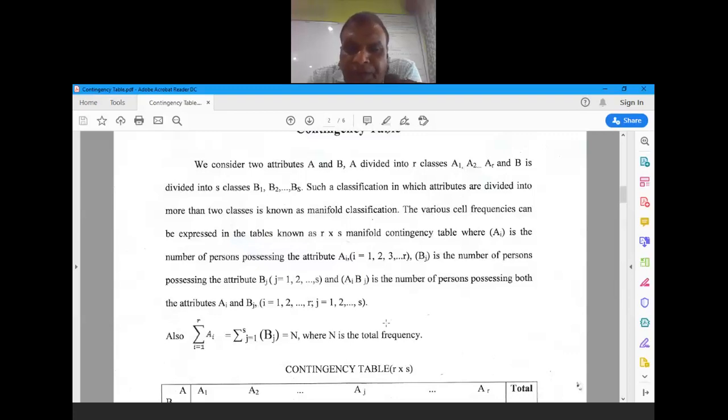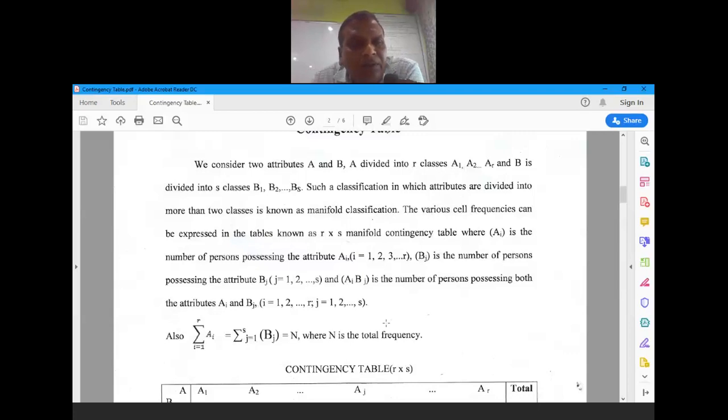Suppose your Indian population is divided on the basis of one attribute, that is sex. So it is divided into male and female. And suppose again it is divided on the basis of education, suppose graduate.